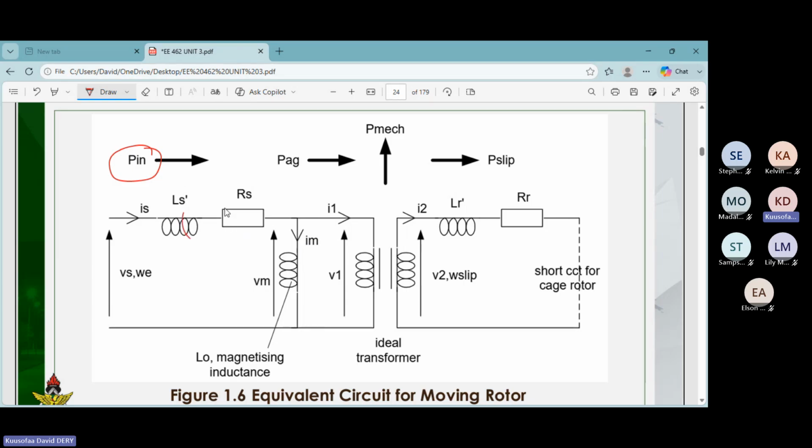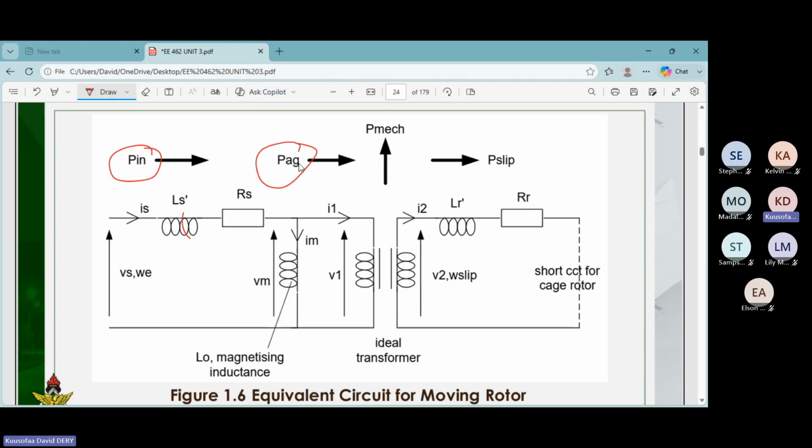When you subtract these losses from the power supplied to the stator, what remains is the power that moves from the stator through the air gap towards the rotor, represented by P_AG, the power in the air gap transferred from the stator side to the rotor side.